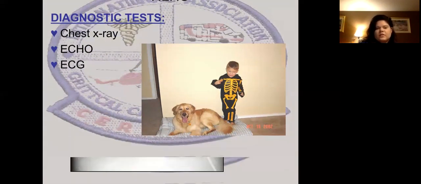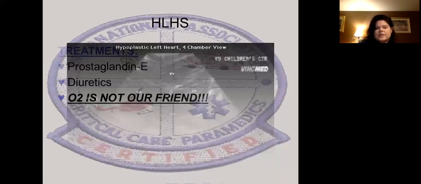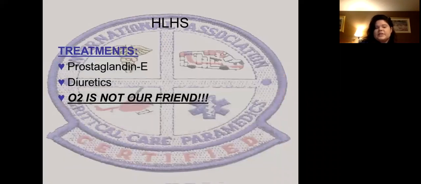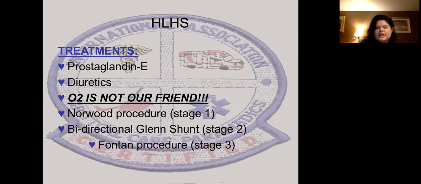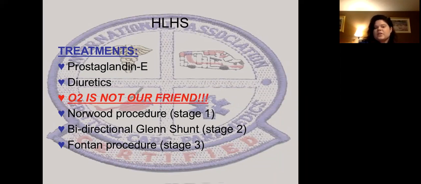That's what they look like. So your prostaglandins and your diuretic, and you don't want to give O2 to these kids. Remember, 75 to 85. They could do the Norwood procedure, bidirectional Glenn shunt, depending on the stage of what's going on. The Fontan procedure, and just remember, O2 is not our friend.